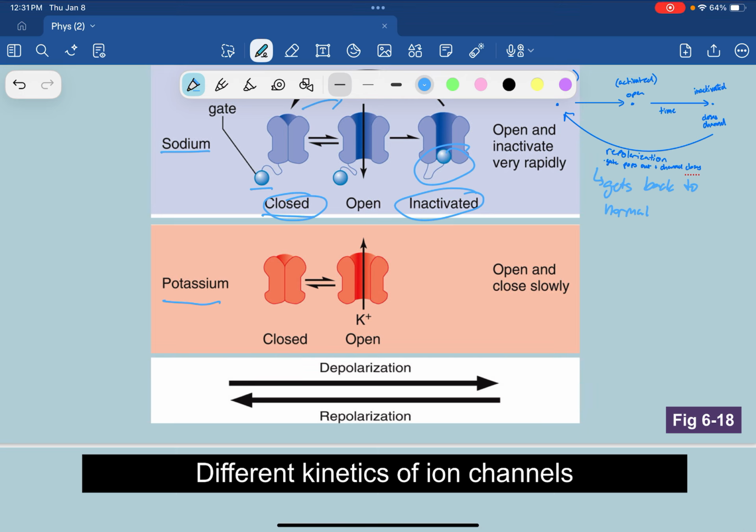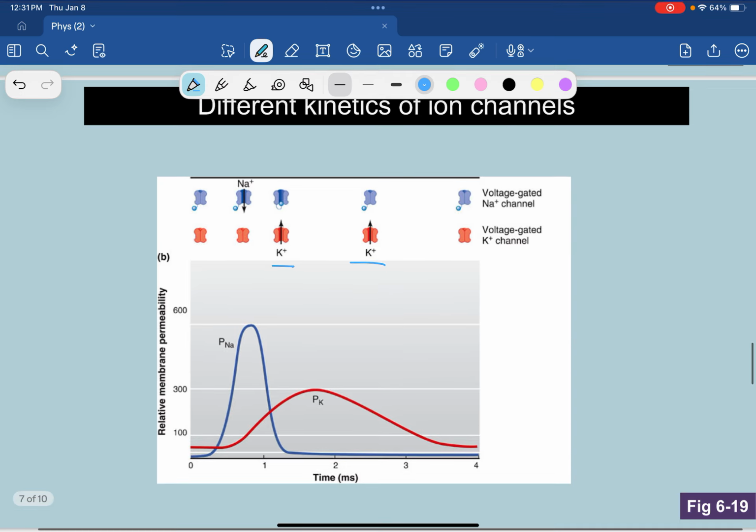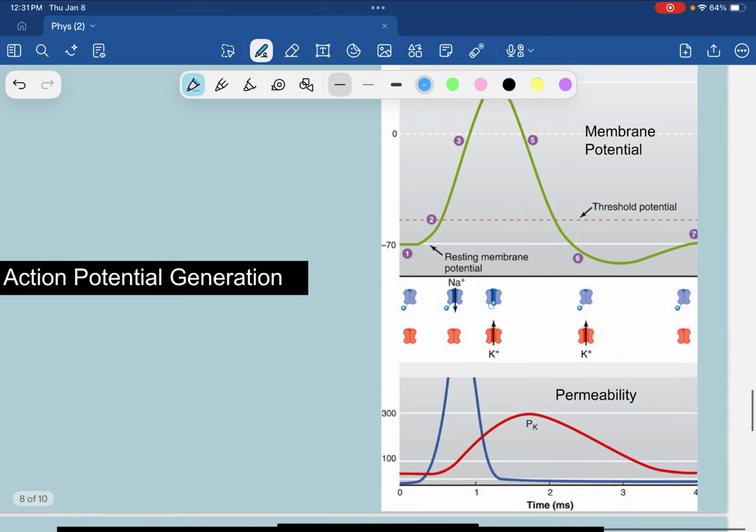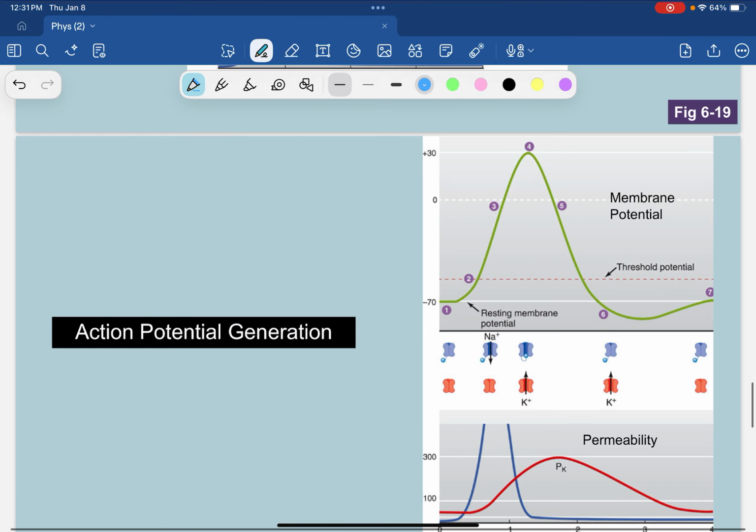So if we move down here, we have a good little diagram, and this shows our timeline for our sodium and our potassium gated channels. We see here that our potassium starts to open when our sodium is in its inactivated state, and it's open for a lot longer than our sodium is. This is a good picture comparing it to the resting membrane potential.